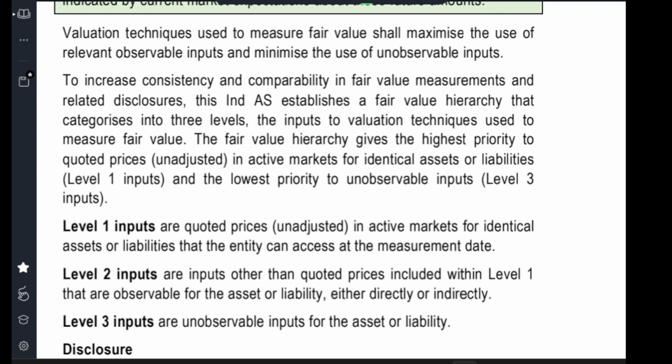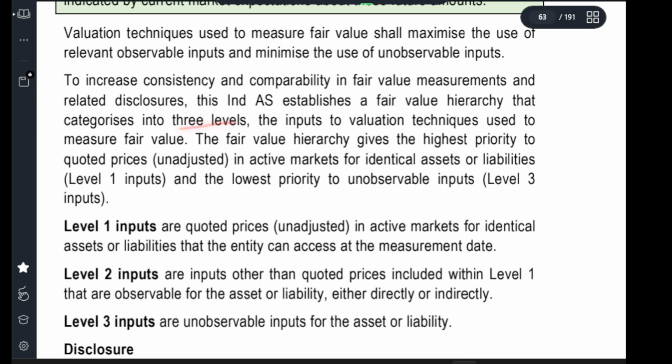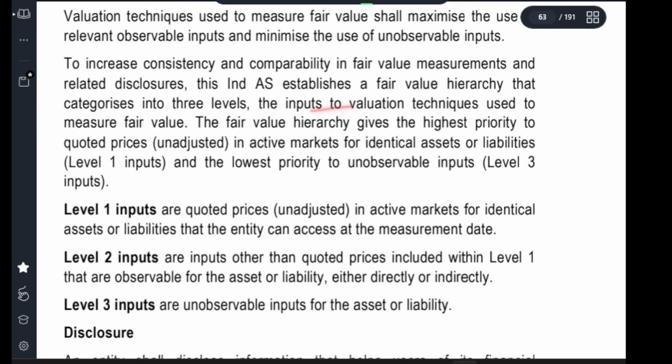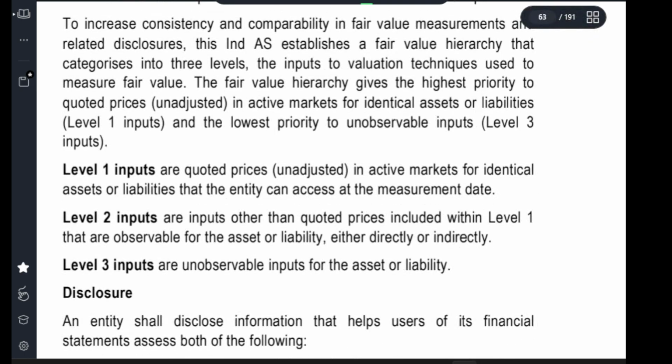To increase consistency and comparability in fair value measurements and related disclosures, Ind AS has established a fair value hierarchy that consists of three categories of inputs to the valuation techniques used to measure the fair value. This ensures the value is not overvalued or undervalued. They are the three input levels, or hierarchy levels.